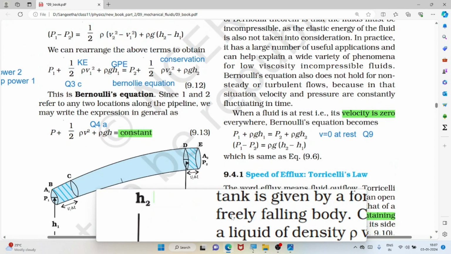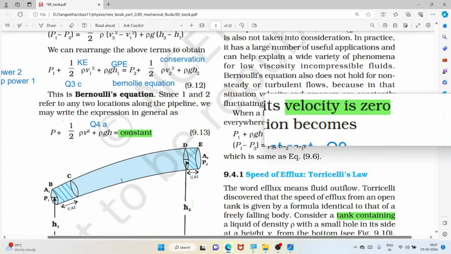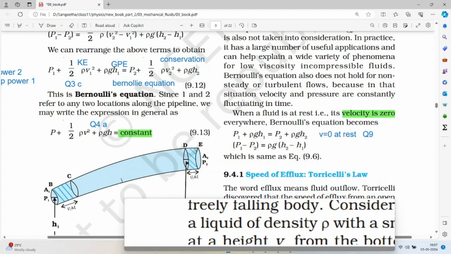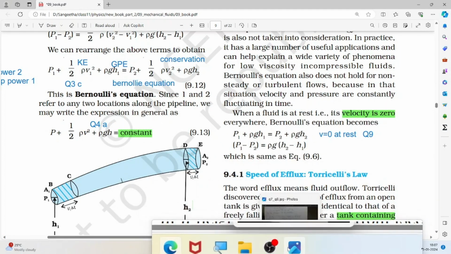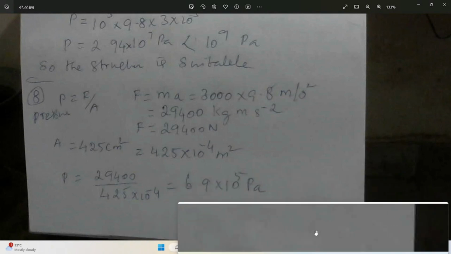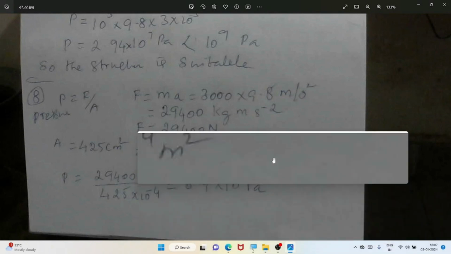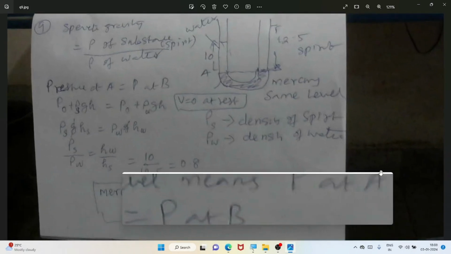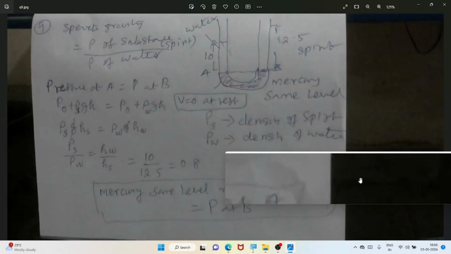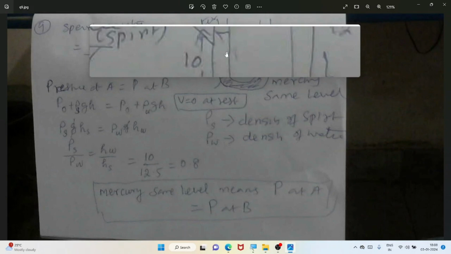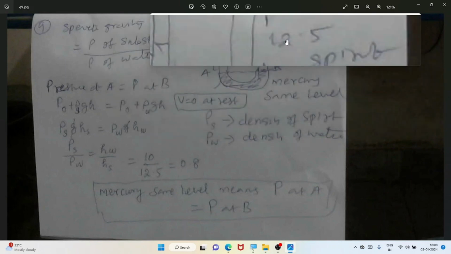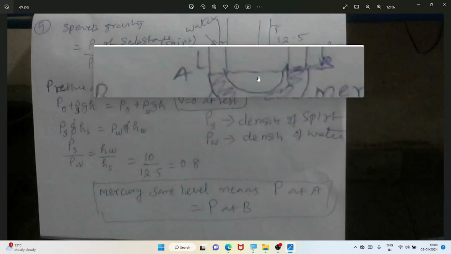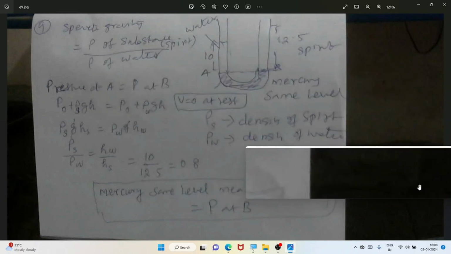Here the velocity is 0 at rest, so we are going to use this formula. See here, 10 centimeter here and 12.5 centimeter of spirit. At points A and B, they will have the same pressure.